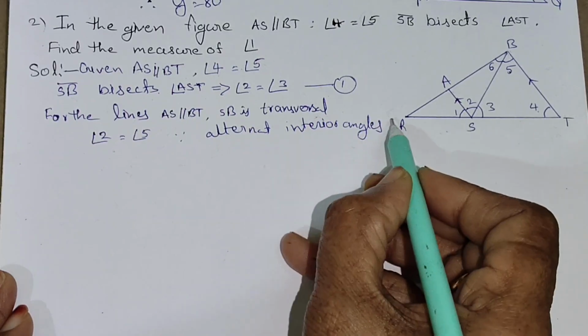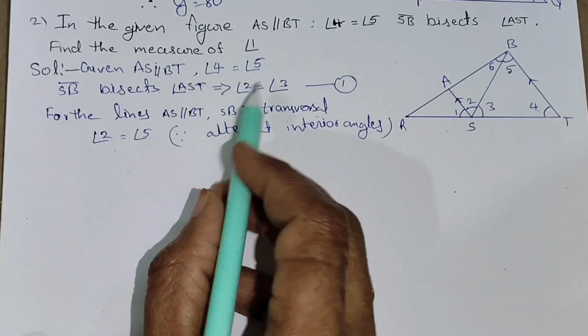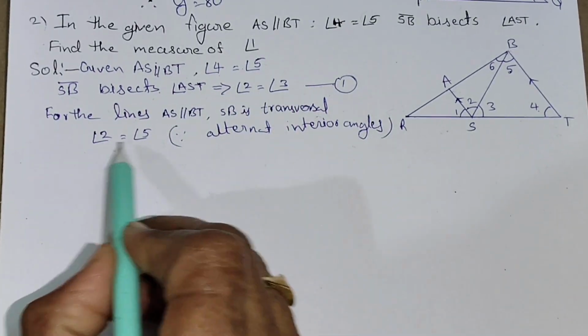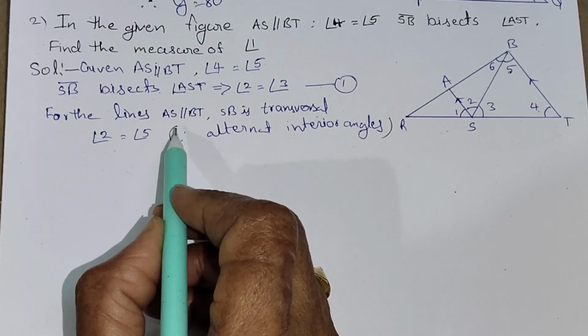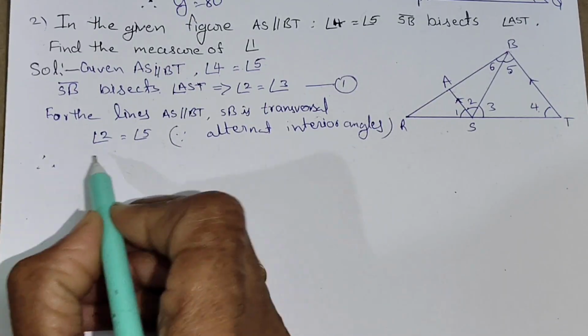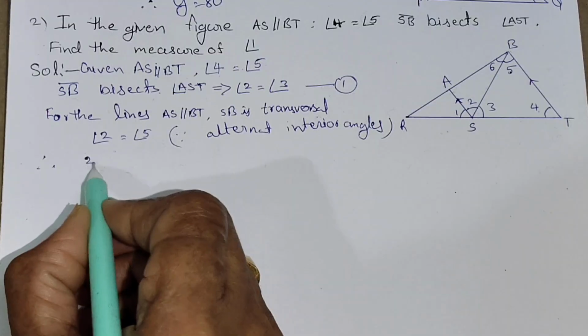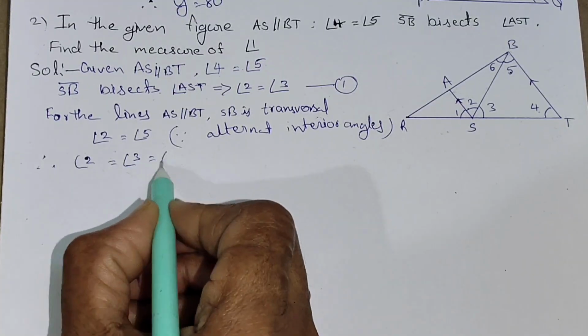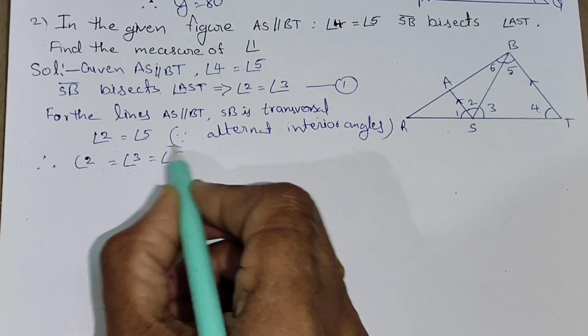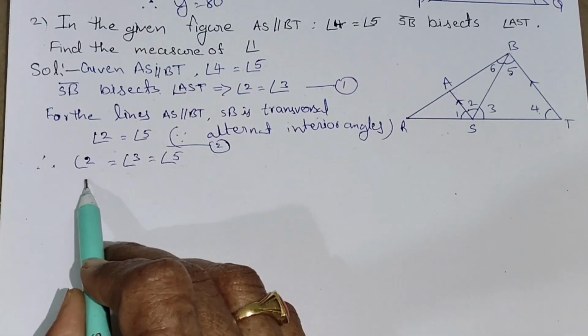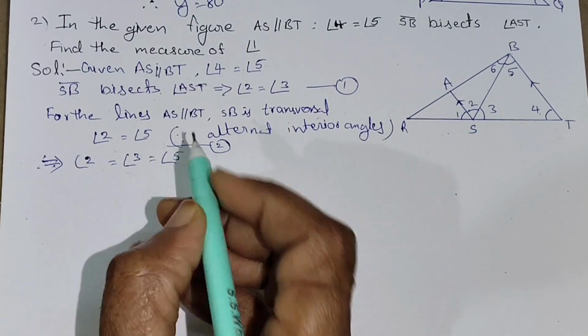Already we know that angle 2 equals angle 3, and angle 2 equals angle 5. Therefore angle 2 equals angle 3 equals angle 5. This is equation 2.